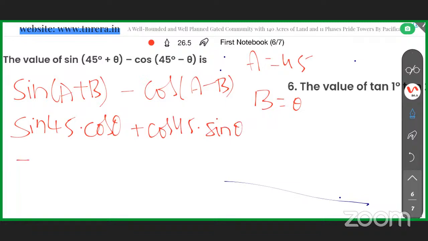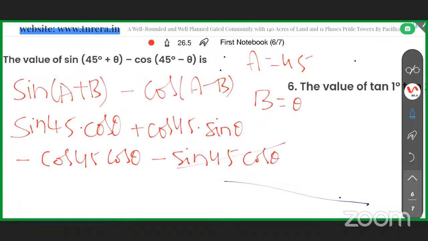Minus. So the minus, I am taking minus inside, now I am skipping one step. So what happens? It will become minus cos of A minus B, means cos 45 into cos theta, plus into minus will become again minus sin 45 into cos theta.